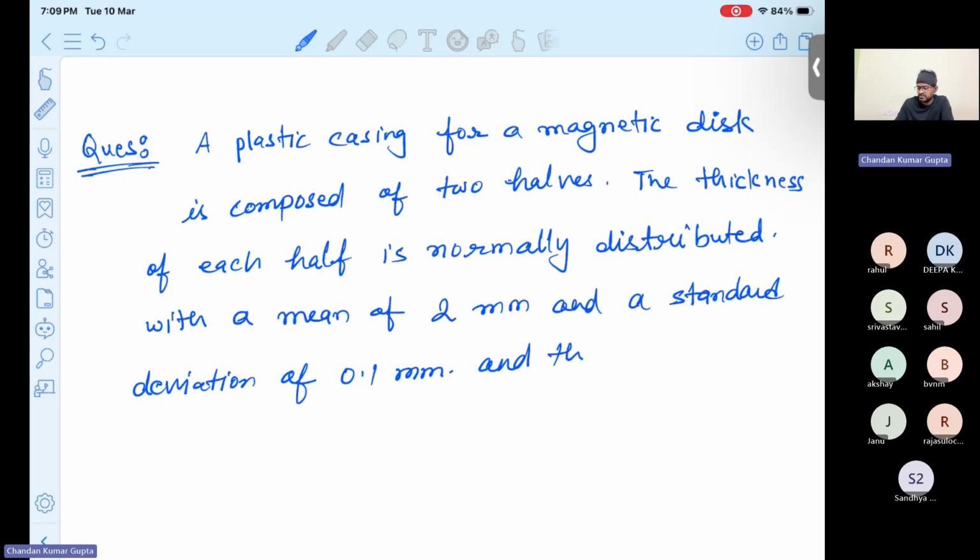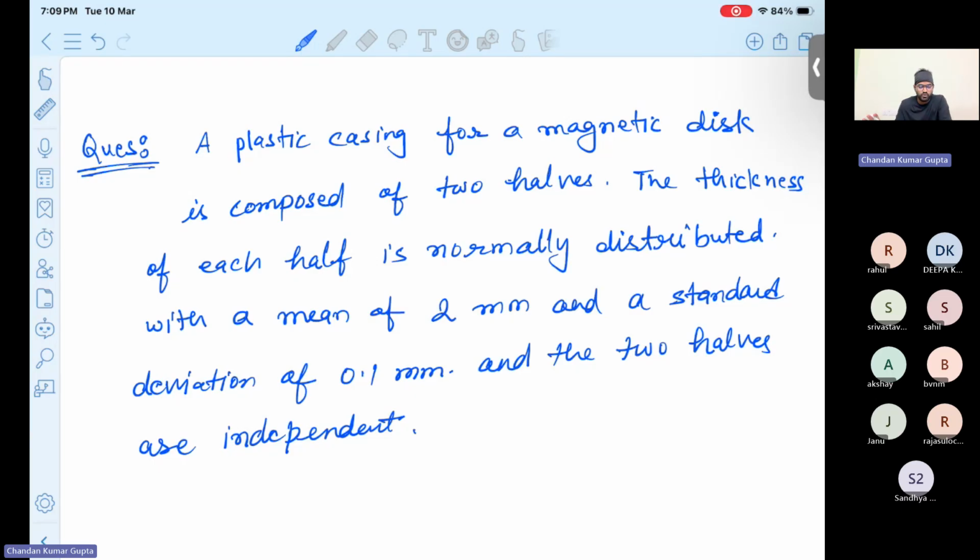Also, we are given that the two halves are independent. So this is the information we are given.